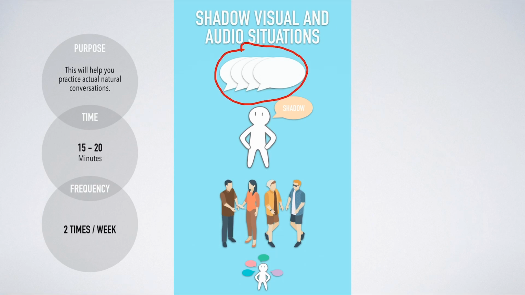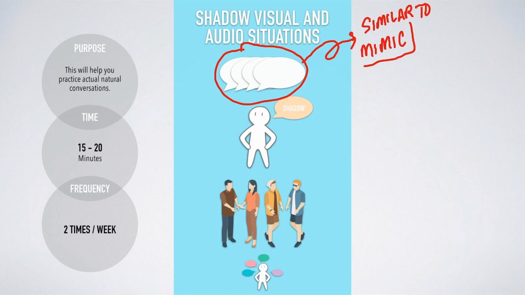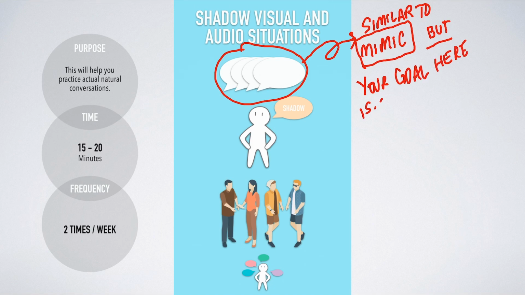The first thing we want to look at is that it is similar to mimic. Remember the mimic step we did, or the mimic method, but your goal here is speed and fluency.